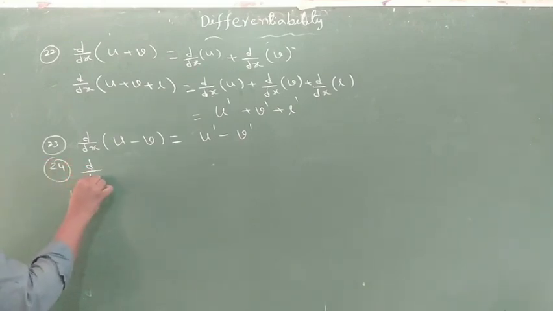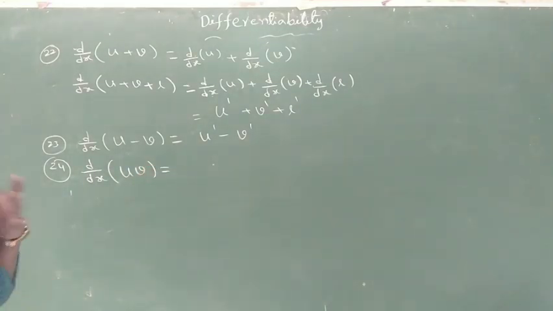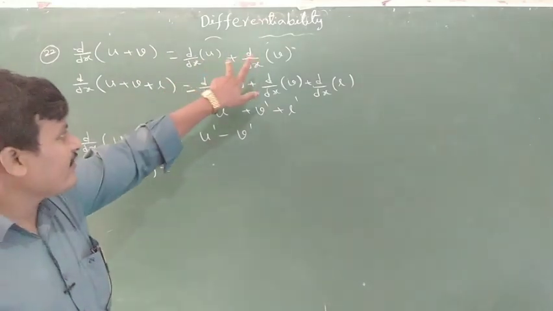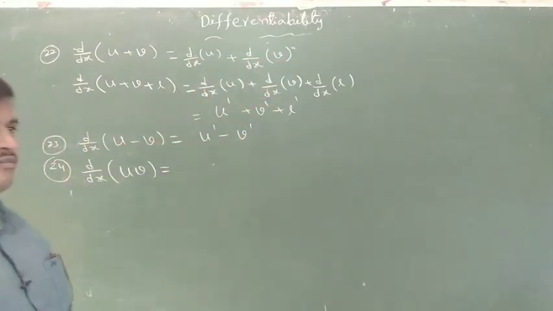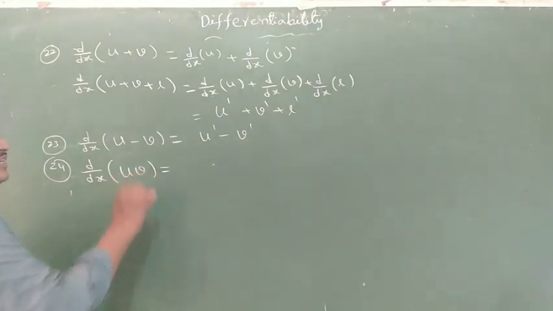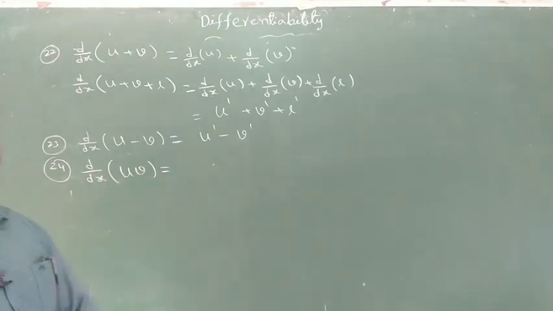Next, d by dx of u into v. For plus it is derivative of u plus derivative of v, for minus derivative of u minus derivative of v. But u into v is not equal to derivative of u into derivative of v.